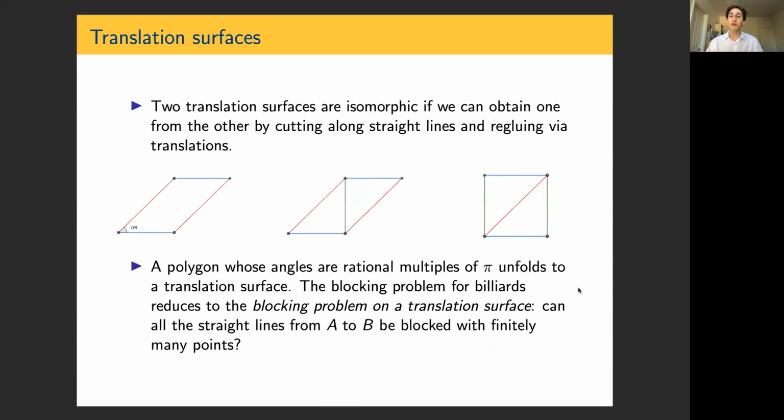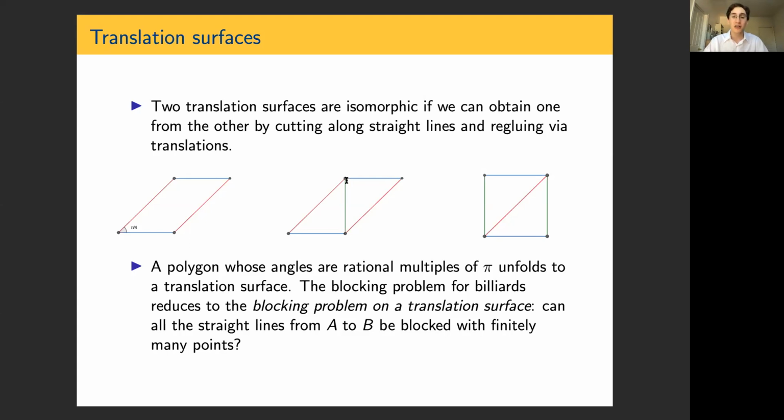Now, we've represented translation surfaces with polygons, but the same translation surface can be represented by more than one polygon. We say that two translation surfaces are isomorphic if we can obtain one from the other by cutting along straight lines and regluing via translations. For example, looking at the very left, we have a parallelogram with opposite sides identified, which I have also colored to make it clear.